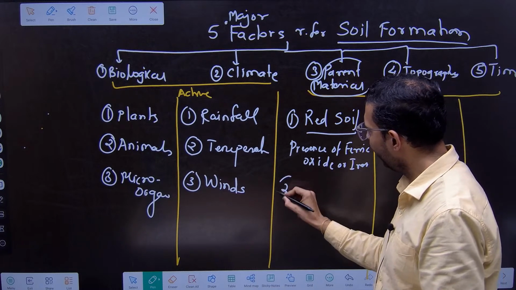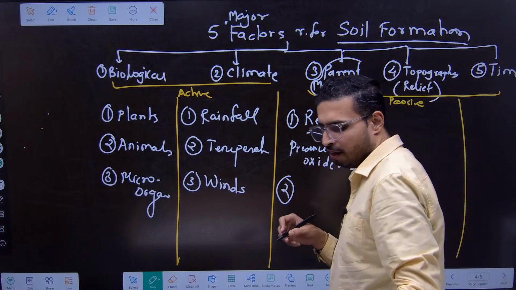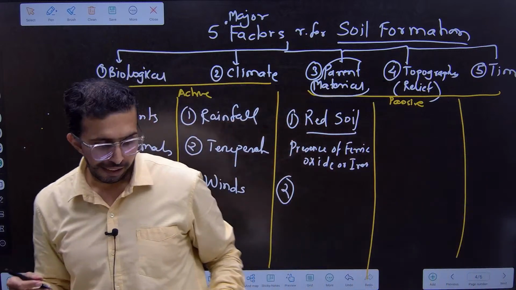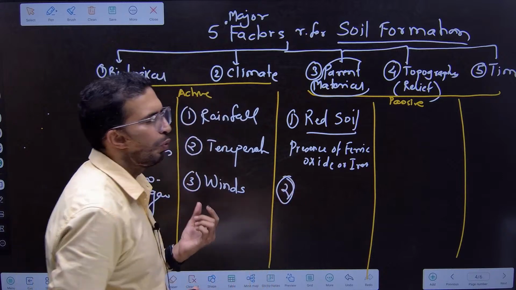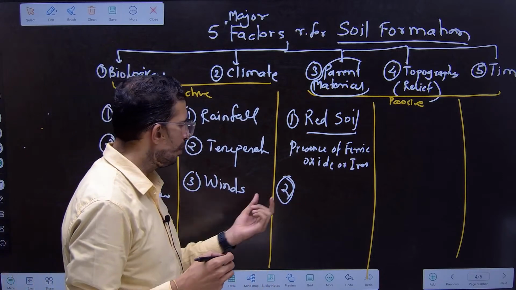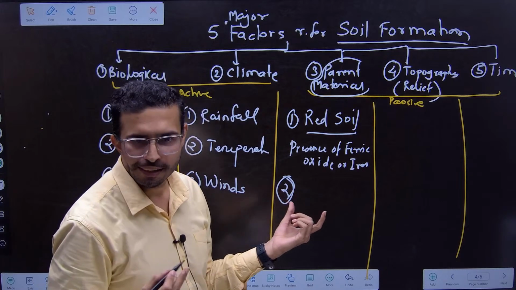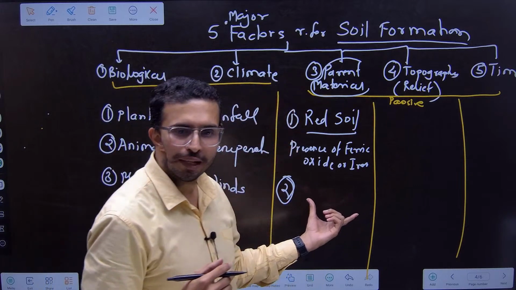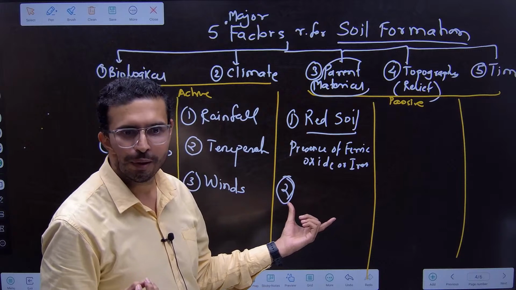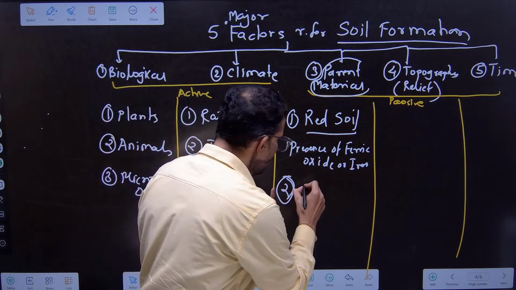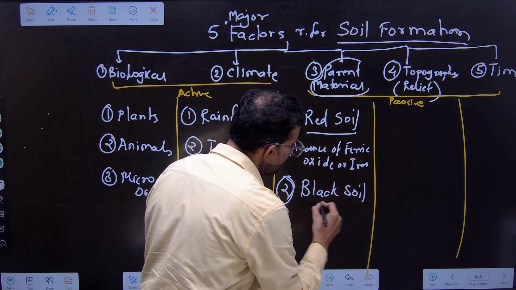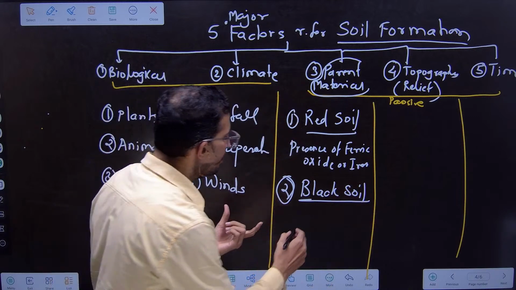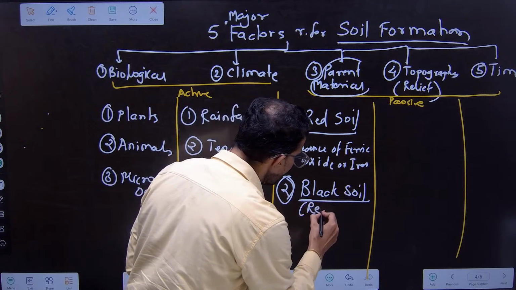Then second one, in Maharashtra, the black soil. There was a television show with the line about the black mother who gives wealth and grain. If you see Maharashtra's black soil, it is also called regur soil.